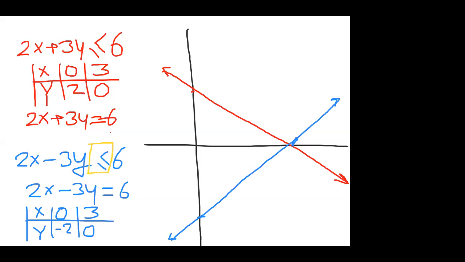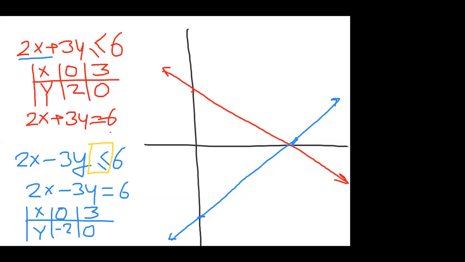Now we need to think about the shade. Which side we need to shade, that is the most important task. So we are going with the 0, 0 condition, because the line is not passing through 0, 0.